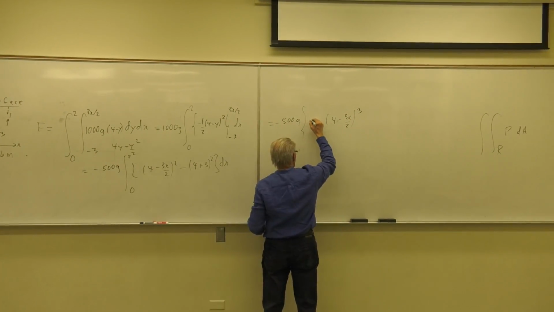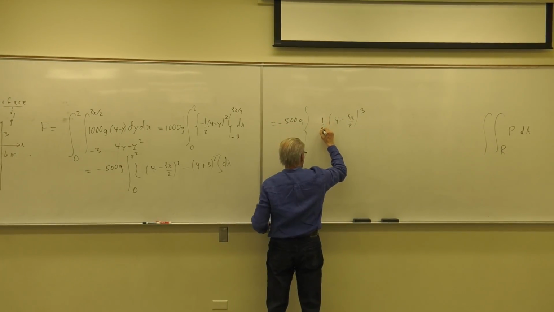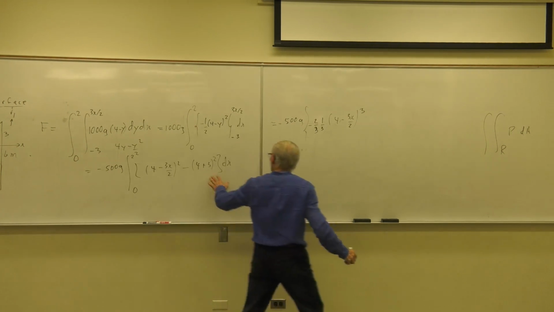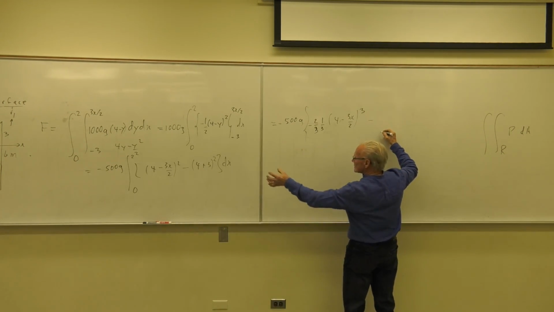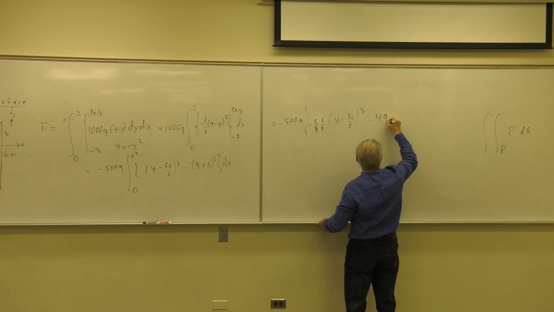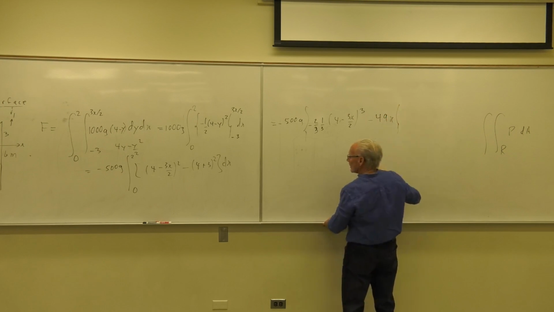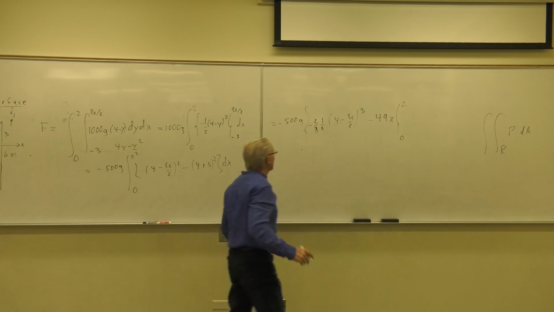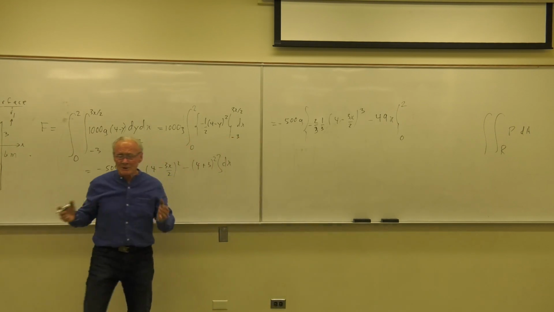I'm going to need a 1/3 to fix up that 3. I'm also going to need a 2 over a 3 to fix up the 3 over 2. And then I've got minus 49x, into which I'm going to plug 0 and 2. And I leave you then to plug in the 0 and the 2.